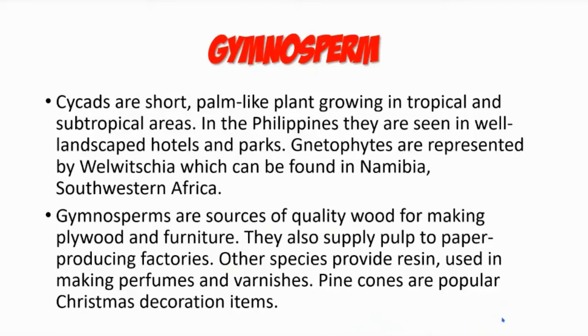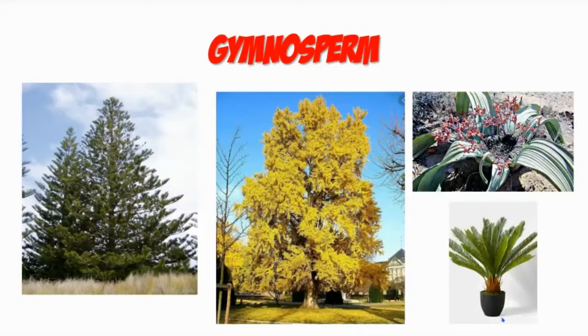They also supply pulp to paper-producing factories. No? So, other species provide resin used in making perfume and varnishes. Pine cones are popular Christmas decoration items. So, ayan po yung mga gymnosperms na yan, which na-mention ko na rin po dun sa kabilang slide, at yun po rin yung kanilang mga particular example, no?